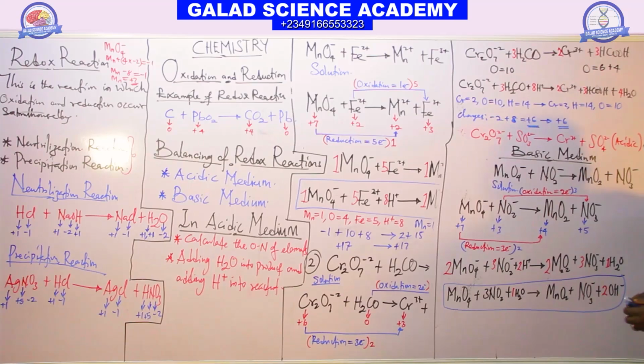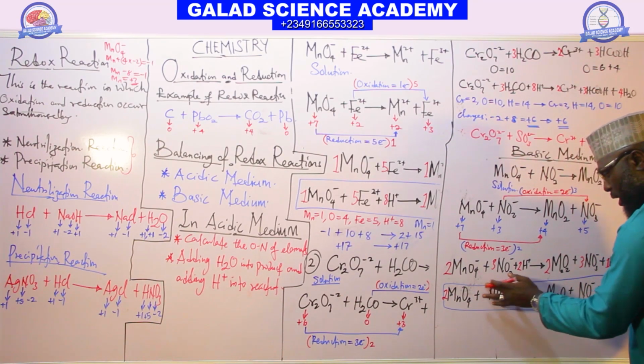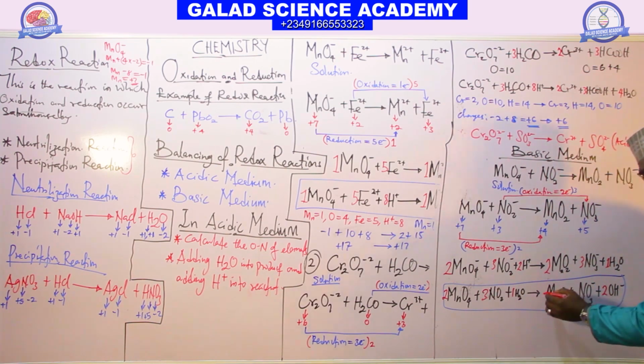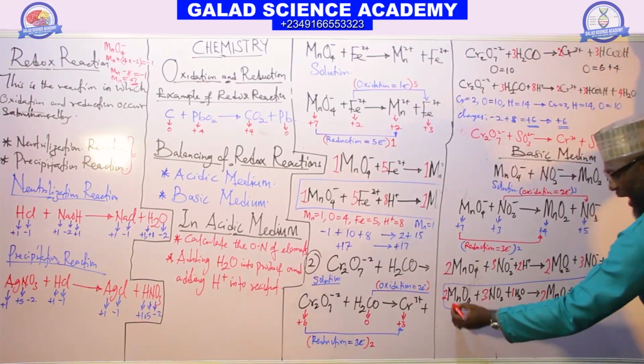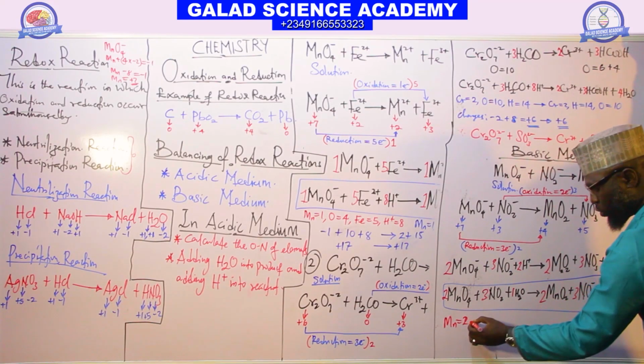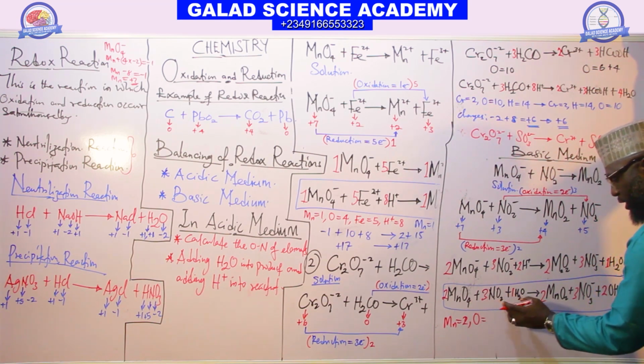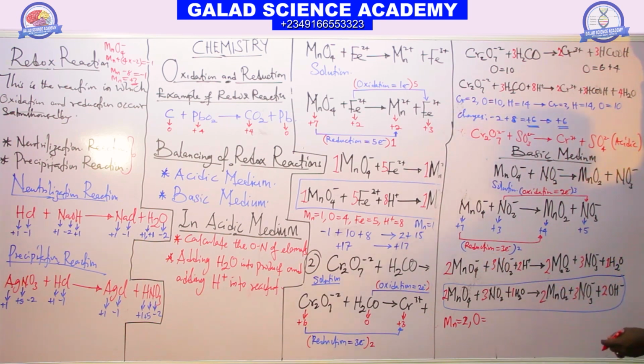Check it now. The numbers must be balanced. Let's check it. We have 2 here. We have 3 here. We have manganate. How many manganate do we have? We have 2. How many oxygen? 4 plus 6, making 10?